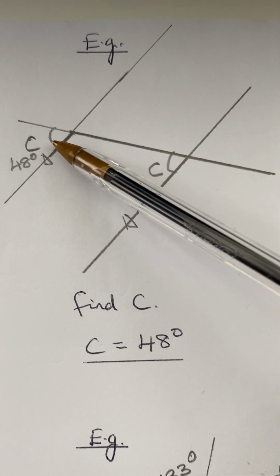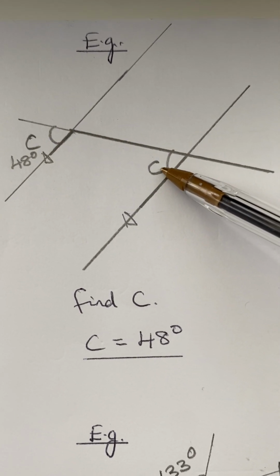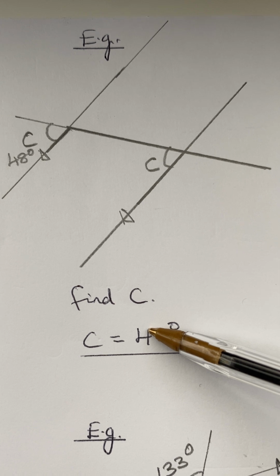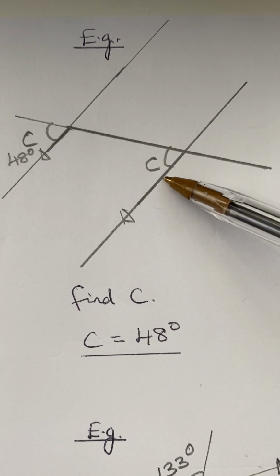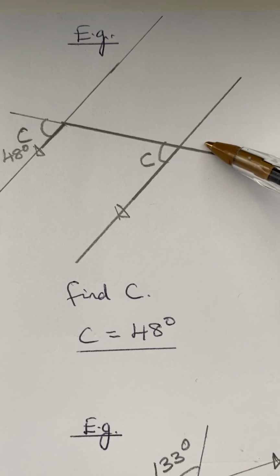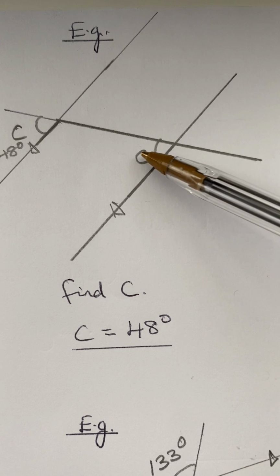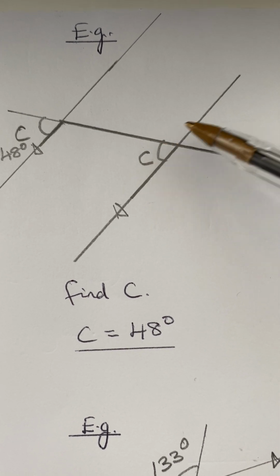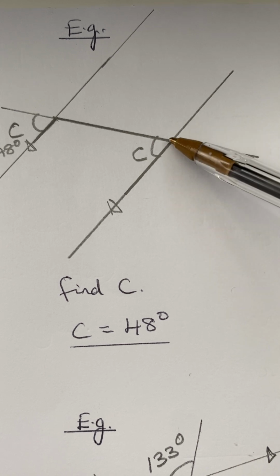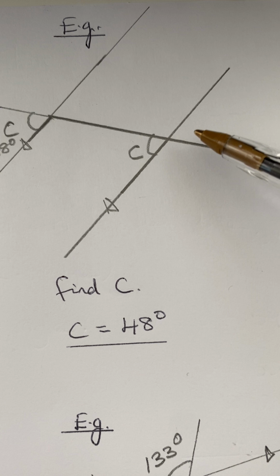So if I have only this angle, then this also should be C. So that will be C as well. And then if this is C, vertically opposite angles, that will be C. So angles at a point, now I know C, 48, 48. All these angles will add up to 360.